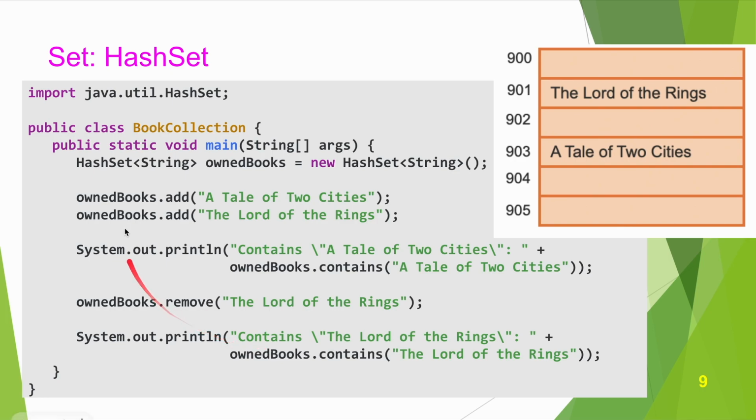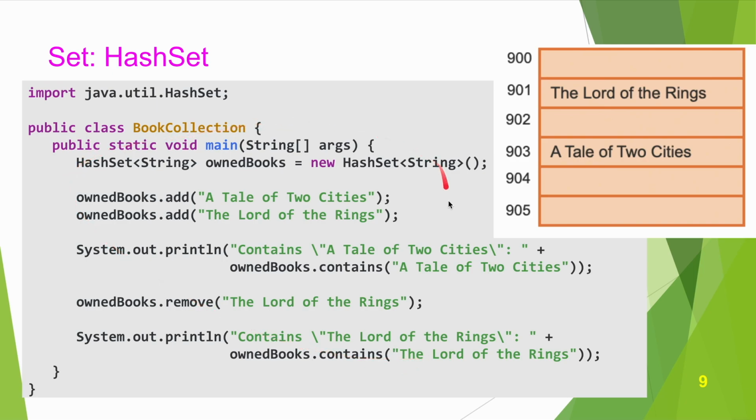Here's an example of HashSet. In the main, we are initializing ownBooks, and then we are adding A Tale of Two Cities and The Lord of the Rings into the HashSet. Then we'll try to print the contents, check out the contents, and then remove The Lord of the Rings, and then again check what's in the set.